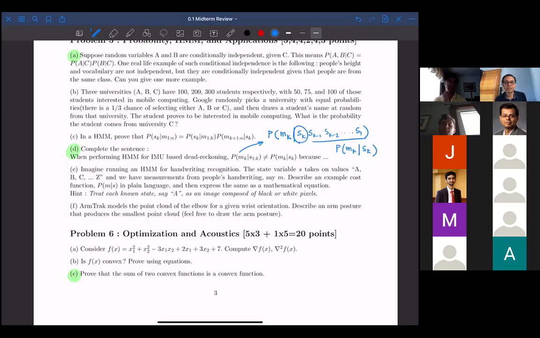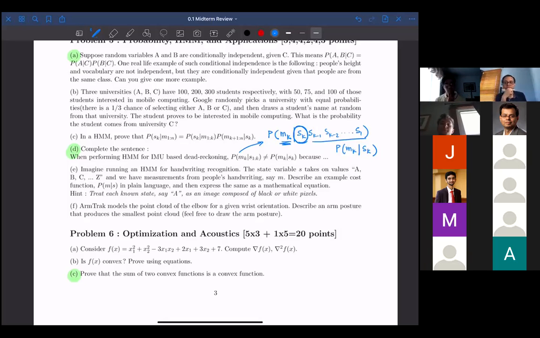Because if I am taking a GPS measurement, my measurement is going to be a function of only this SK, the current state of the object. If I'm walking in New York, Manhattan, and I come to an intersection and I turn on my GPS, the measurement is not going to change based on which direction I came to that intersection.